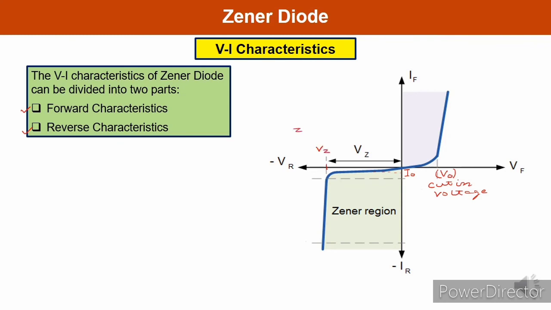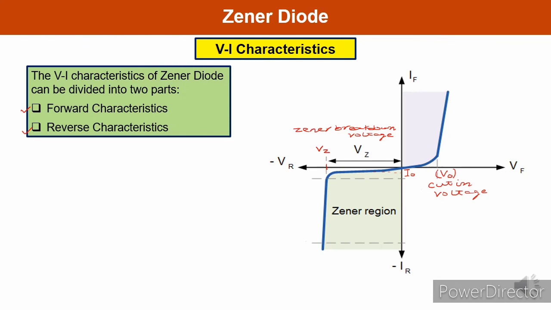This is the Zener breakdown voltage, and the value of Vz can be precisely controlled by the doping level of the P and N regions at the time of manufacturing a Zener diode.